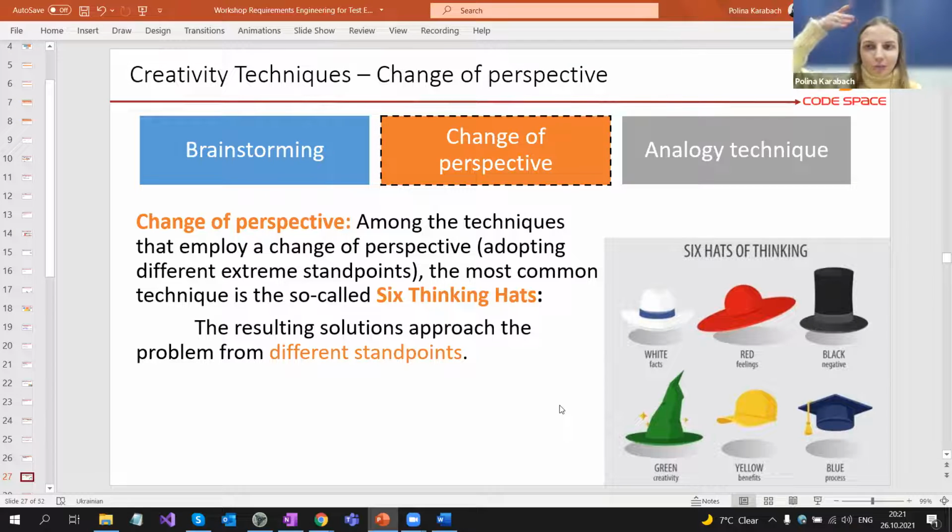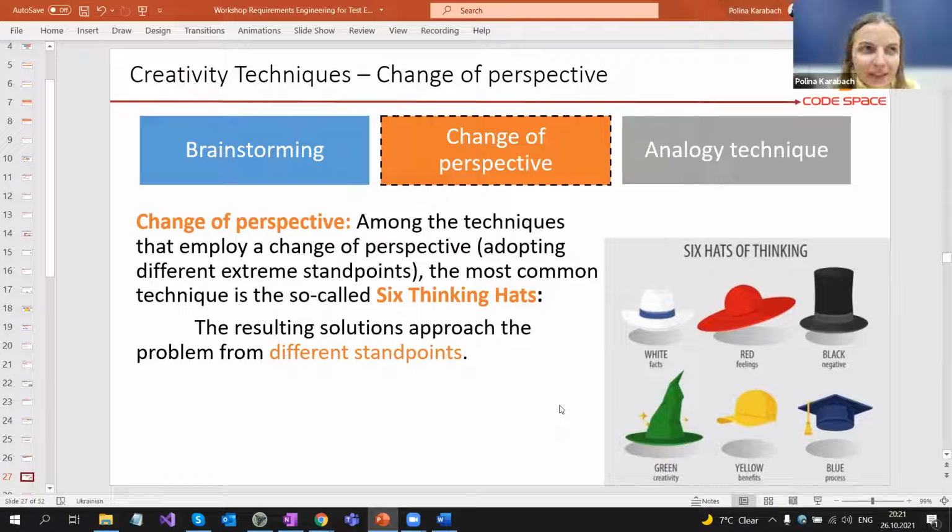And the person who adopts the hat should think and express all of the thoughts, thinking about, for instance, facts. What do we know about it? Can we prove it, etc.? Negative, trying to reverse it, say why it cannot work, why it would not be a good idea, or creativity, to brainstorm for some interesting new ideas.